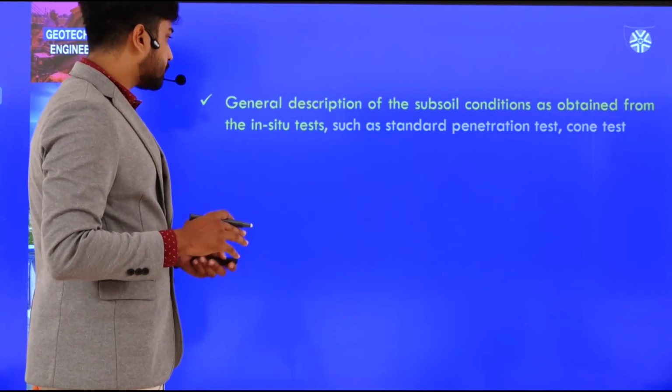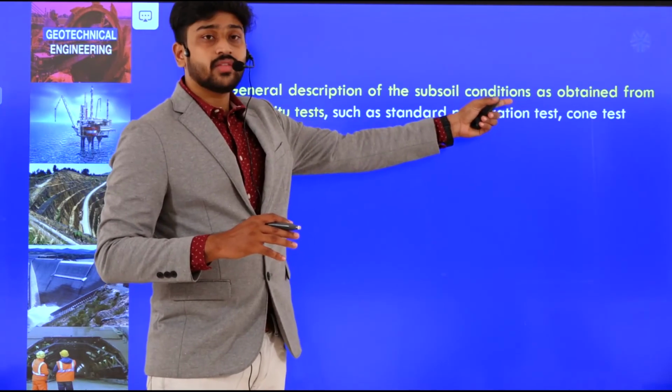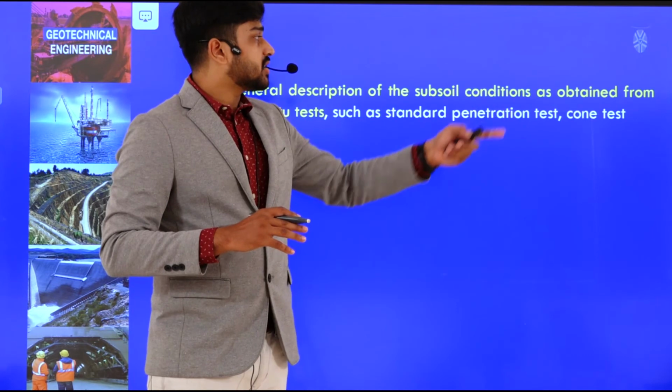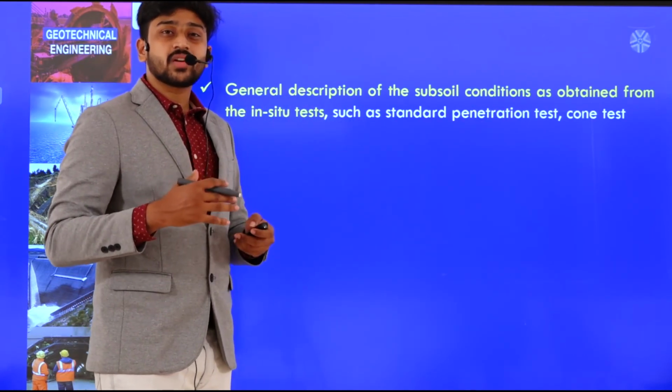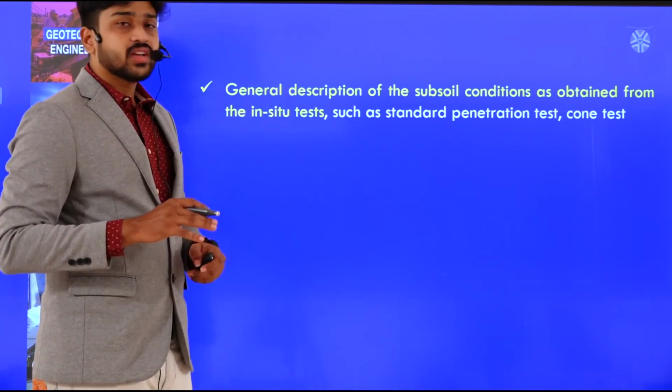Apart from that, we try to give a general description of the subsoil conditions. We need to give the general observations of the subsoil conditions as obtained from the in situ tests. Whatever in situ test we are doing, we need to give a general description in this report. How do we do this?